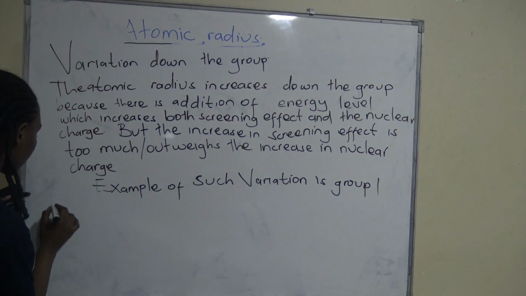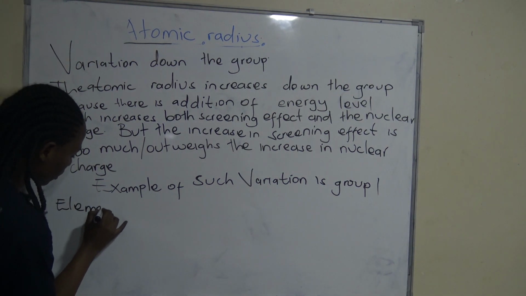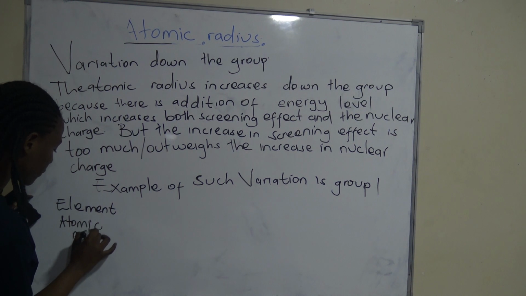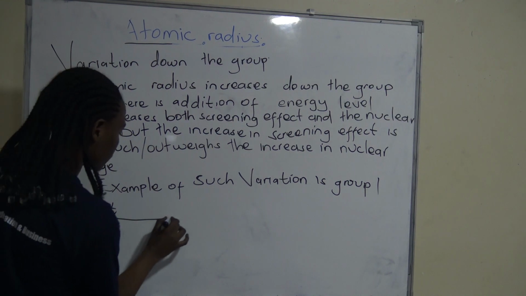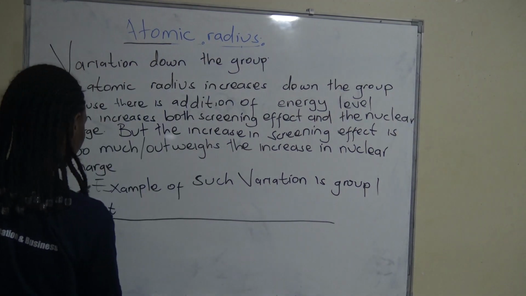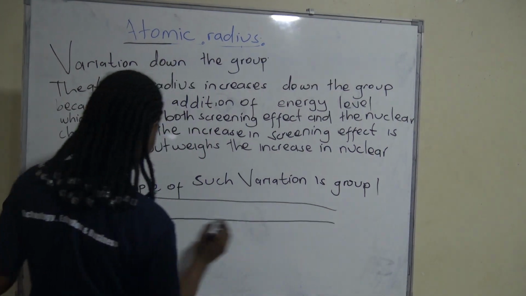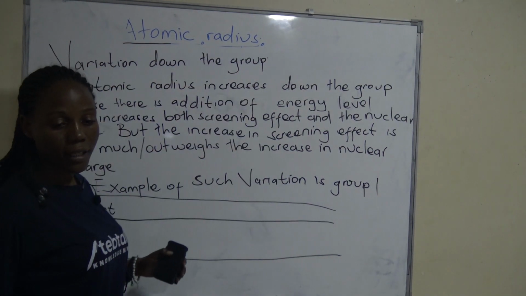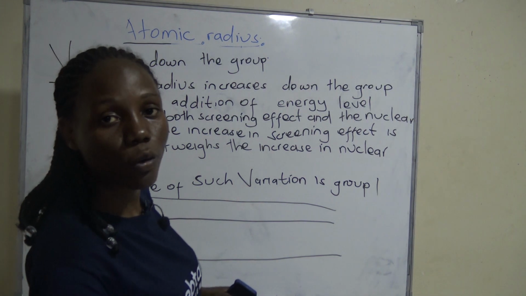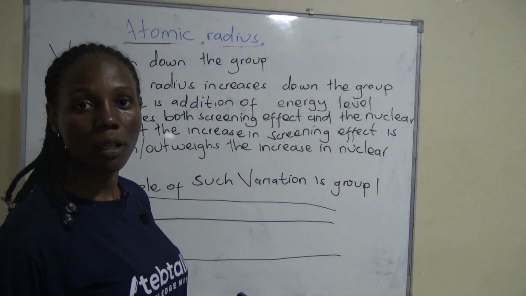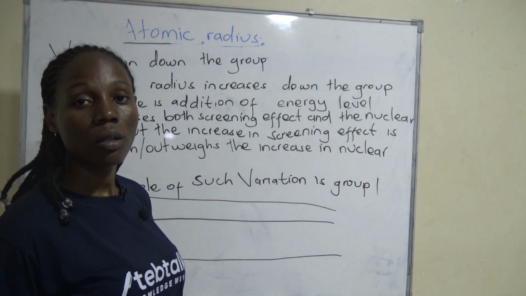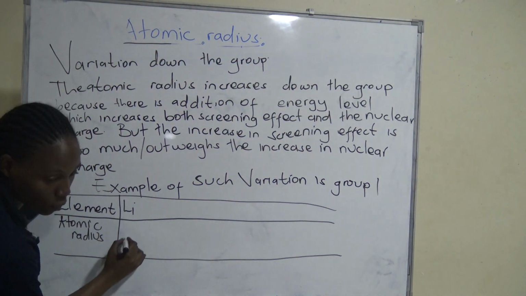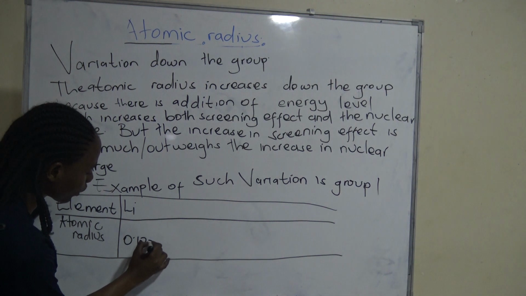And we have the element and then we have the atomic radius. Our first element in group 1 is lithium, whose atomic radius is 0.123.